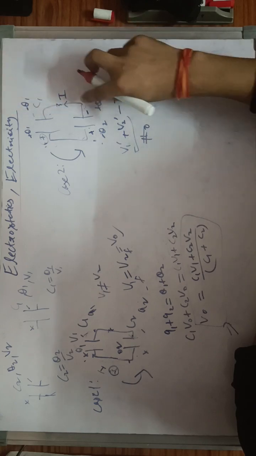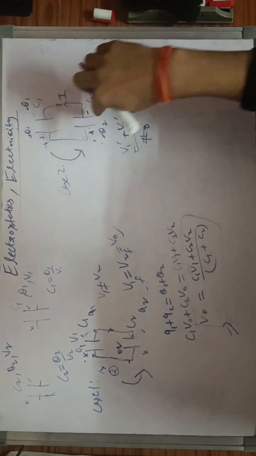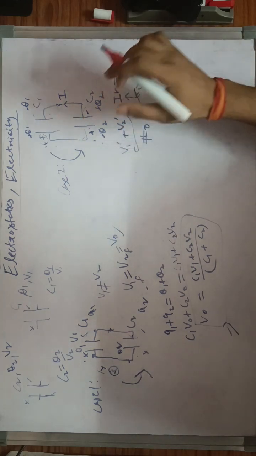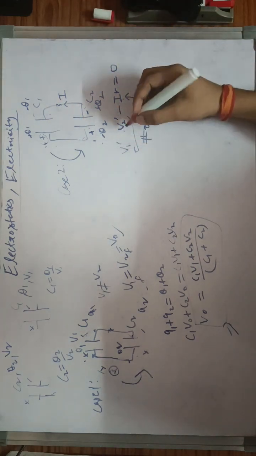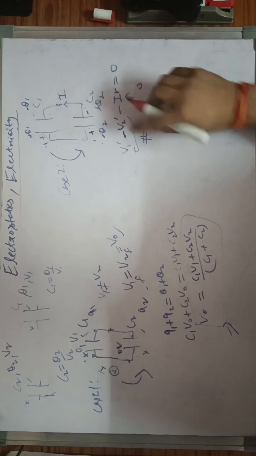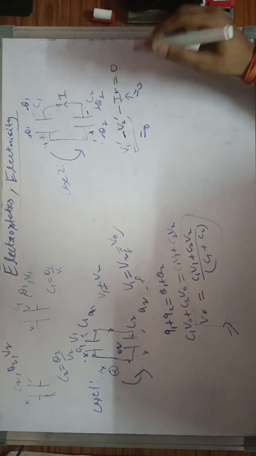On the same side there will be positive charge. Only then can the current become 0, because now this sign will become negative here, and now this can become 0, and when this becomes 0, this can become 0 also.